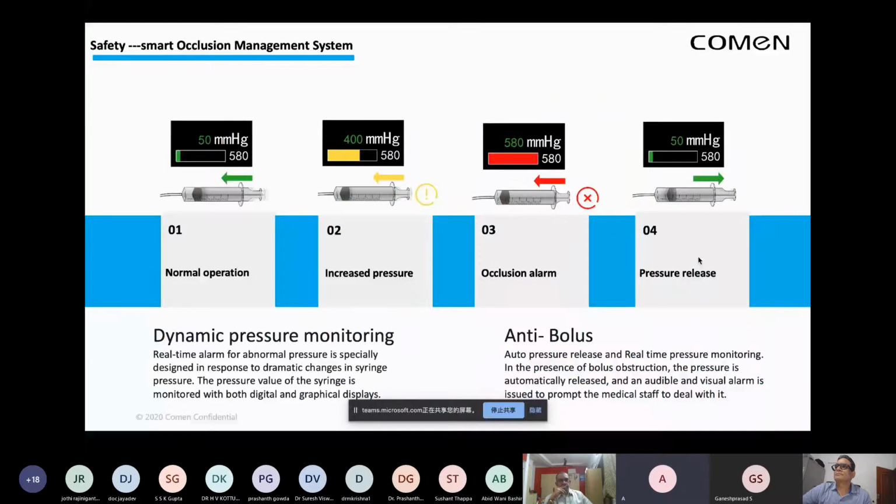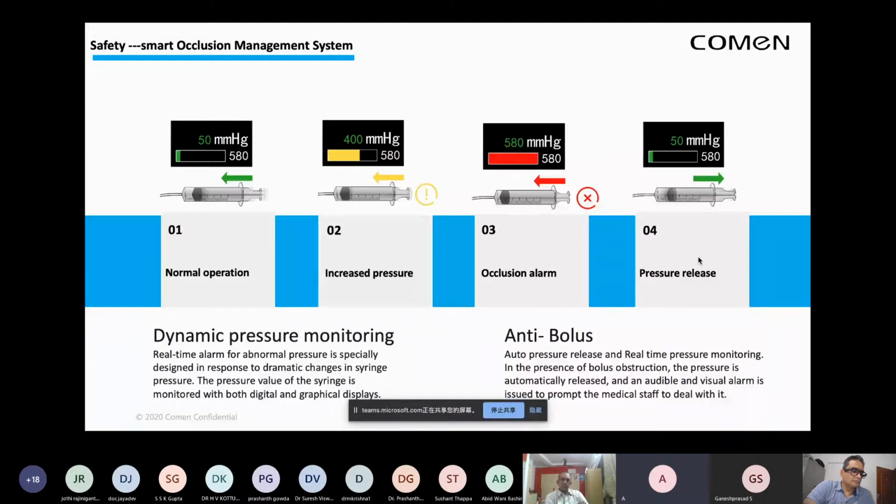For all syringe pumps, there are normal operation, increased pressure, auxiliary alarm and pressure release. For different stages and steps, we have different protection. Number one, we have a large display, so every parameter is shown clearly in big font on the screen, and it is very easy to view the syringe situation.